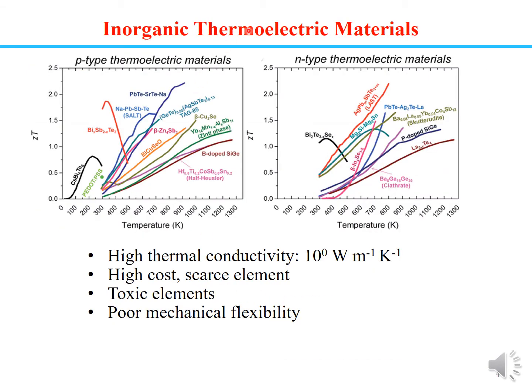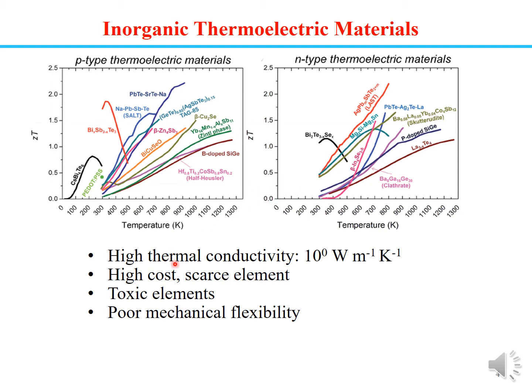The conventional thermoelectric materials are inorganic materials. They have P-type or N-type thermoelectric materials, depending on the charge carrier. They have high ZT values, but they also have some problems.